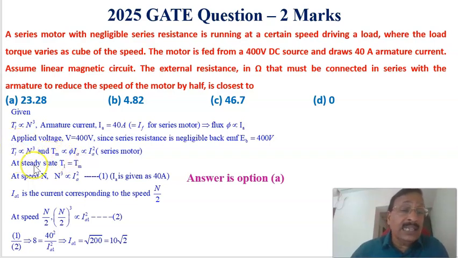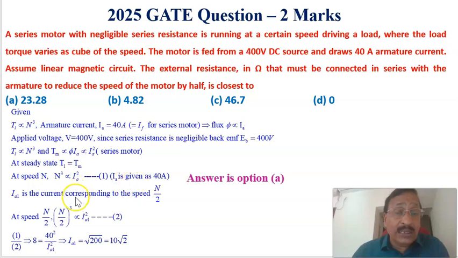Under steady state condition, load torque will be equal to the motor torque. When it is running at a speed of N, in steady state, N cube is proportional to Ia square, because Tm is proportional to Ia square and TL is proportional to N cube.